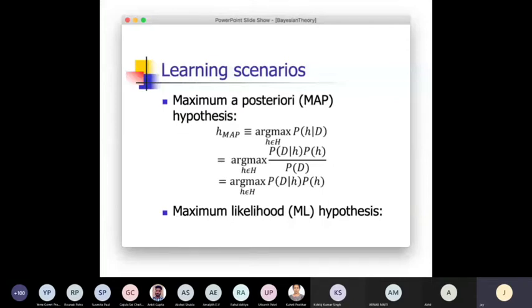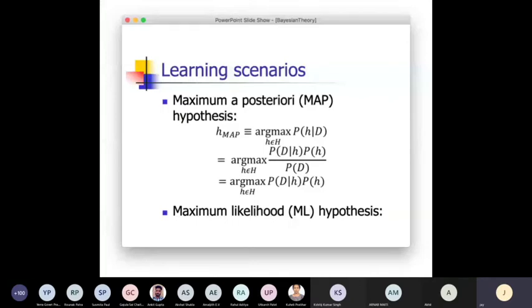That's why we can ignore the denominator term while taking this decision. We can just simply find the hypothesis which maximizes the product of the likelihood and prior.